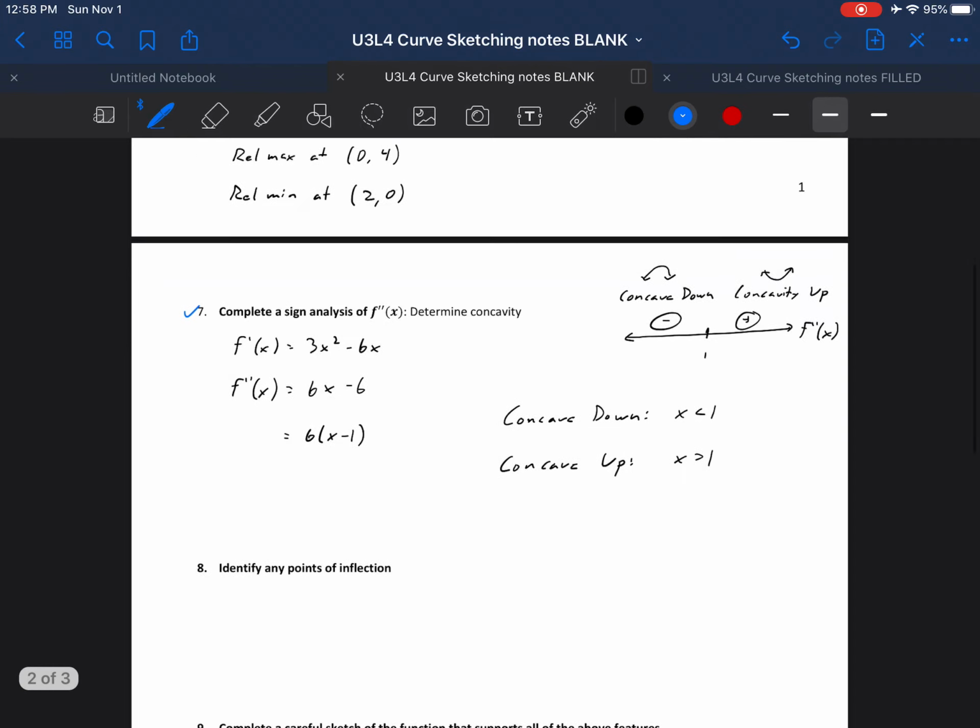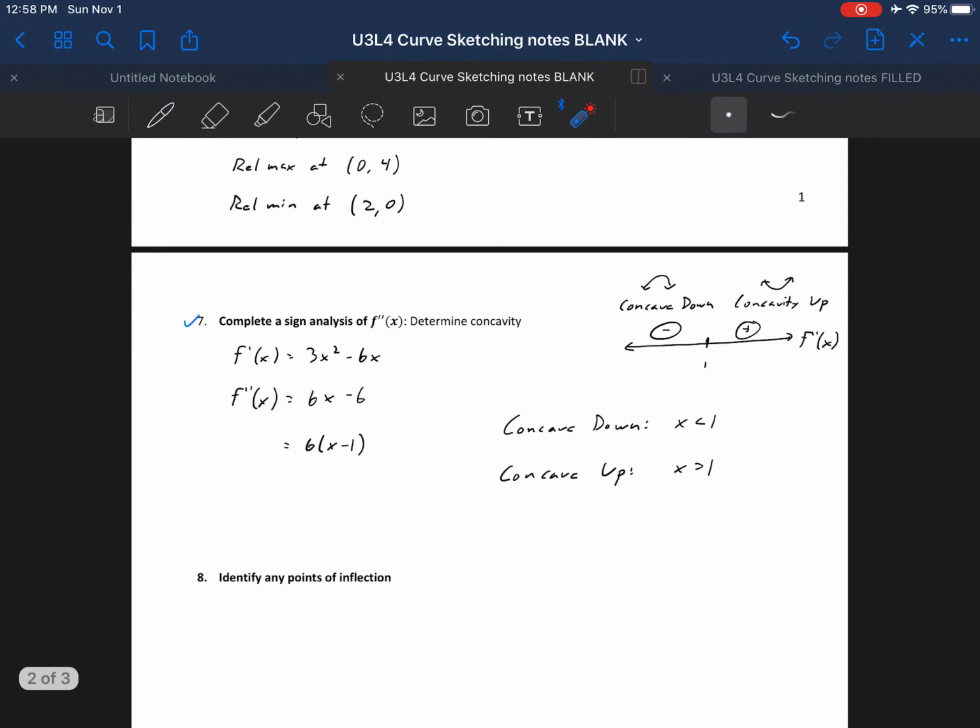Points of inflection. Well, remember, this means it's very similar to a relative max or min, but the principle is applied to the second derivative. So my second derivative changes at x equals 1. It goes from negative to positive. Okay, so that's going to be a point of inflection.